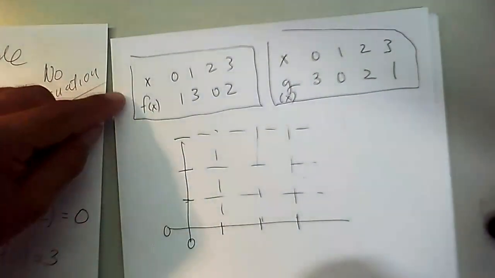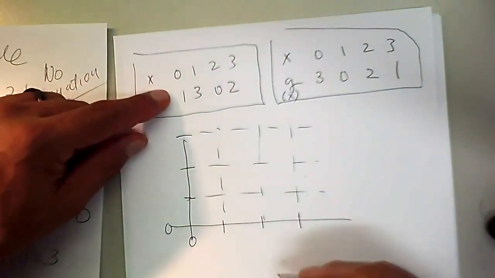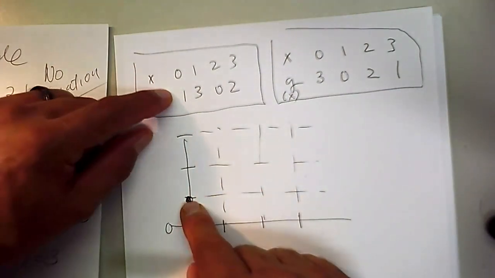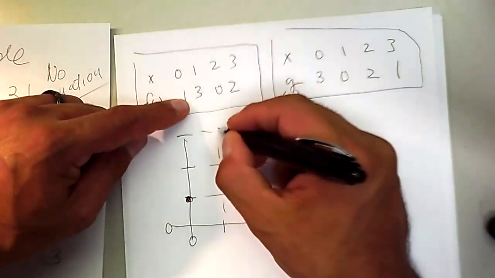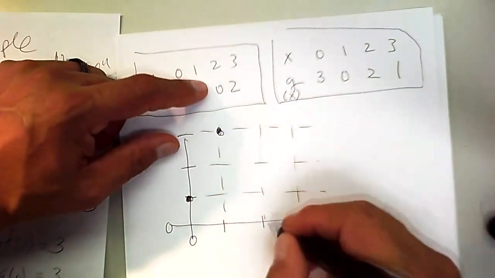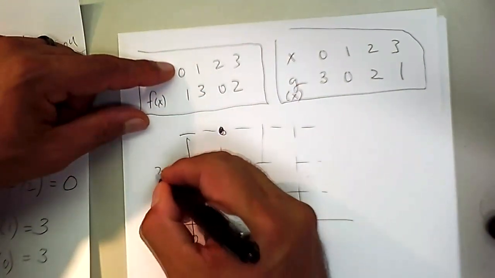So if we graph F, 0 goes with 1. So 0, 1. 1 goes with 3. 2 goes to 0. So this is 2. 1, 2, 3.